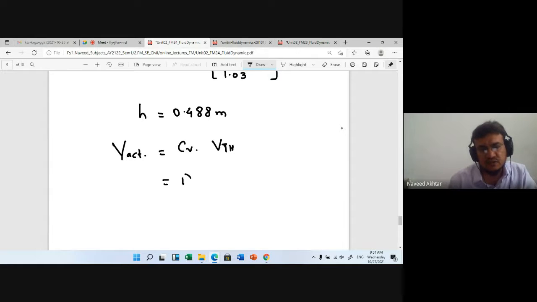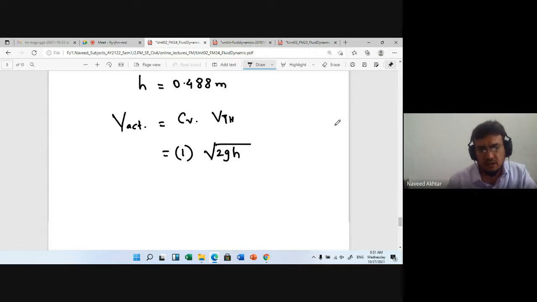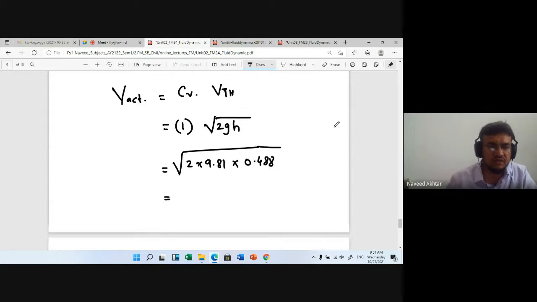The CV value is 1, and V theoretical is nothing but under root of 2GH. So under root of 2 into 9.81 into 0.488, because CV is 1, no need of writing that.